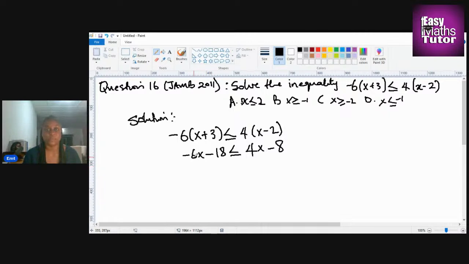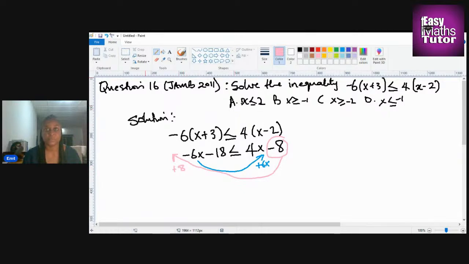Now we move things around. Minus 6x becomes plus 6x. And if we move the minus 8 this way, it becomes plus 8.